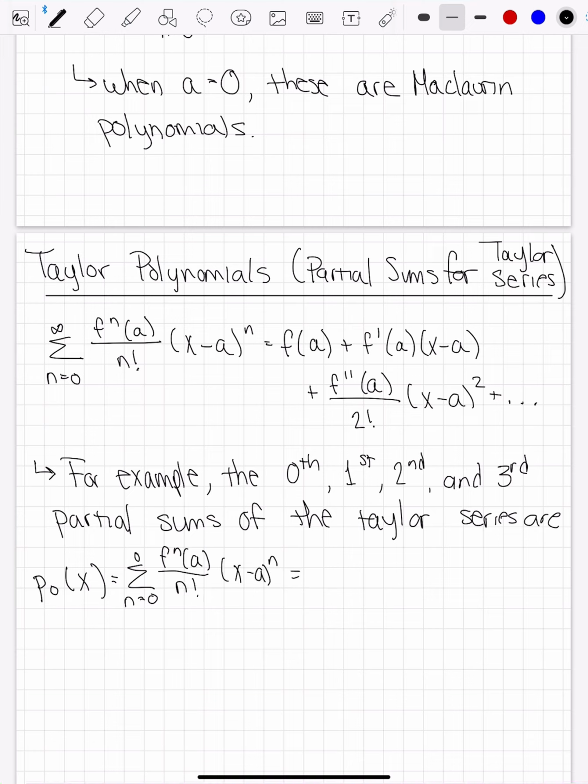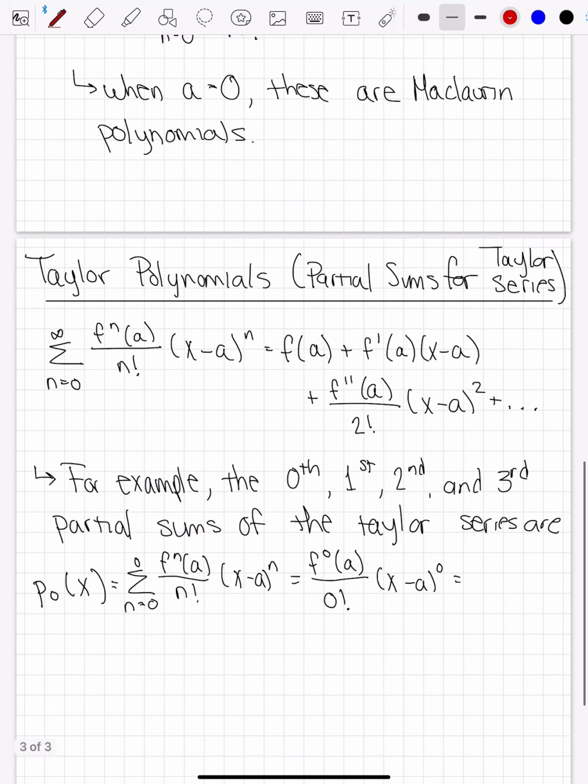The only n I get to plug in is 0, which is f0 of a over 0 factorial times x minus a to the 0, which, like I said, the 0th derivative is just the function itself. We know 0 factorial is 1, anything to the 0 power is 1, so this is just f of a.